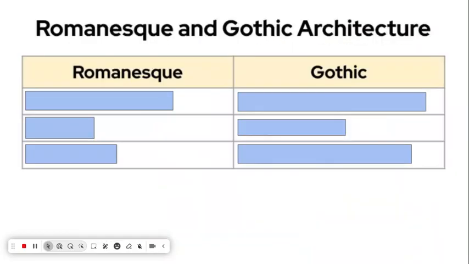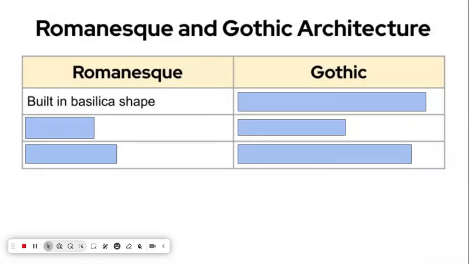So the difference between the old Romanesque architecture that was known at the beginning of the Middle Ages, and what's going to happen at the end with the Gothic architecture, at the end of the Middle Ages to beginning of the Renaissance, boils down to a few things.